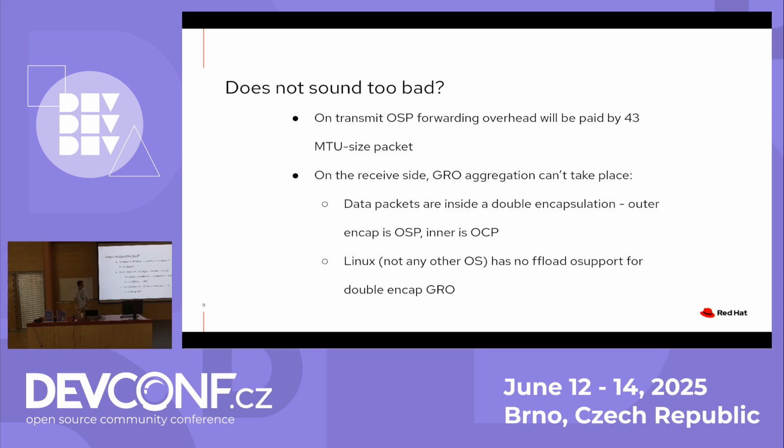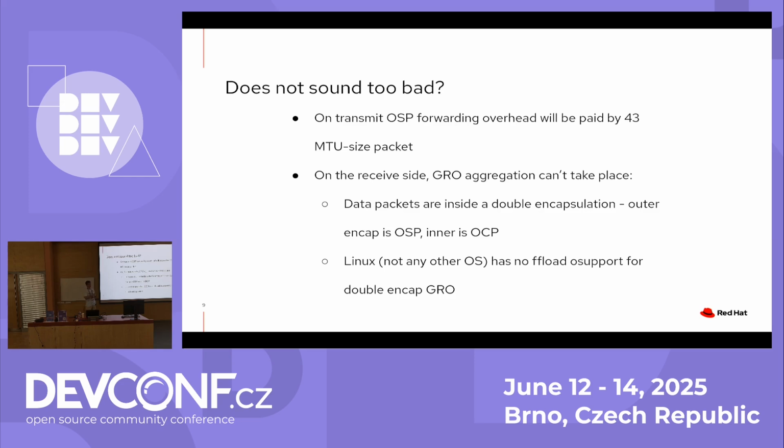Additionally, there is another problem on the receive side, where GRO can take place, because Linux has no support for double encapsulated packet offload, nor does any other operating system have support for this kind of packet. So GRO is not able to aggregate the double encapsulated packets that OCP over OpenStack builds.